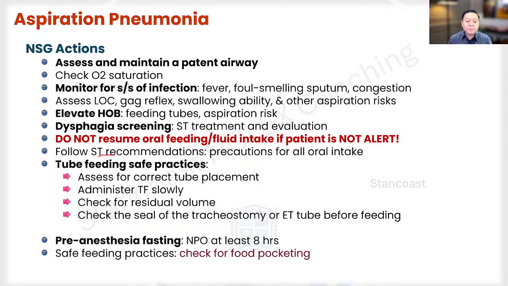Have them open their mouth and do a good, thorough visual check into their cheeks, the buccal area, to check if there's any residual amount of medication that could just be hidden in those sites. Make sure that they swallow that, because this can really cause them to aspirate on that medication. And this is very common, again, in the elderly population. All right, so that's another safety measure. Make sure you are checking the patient for pocketing of medication or any food items.